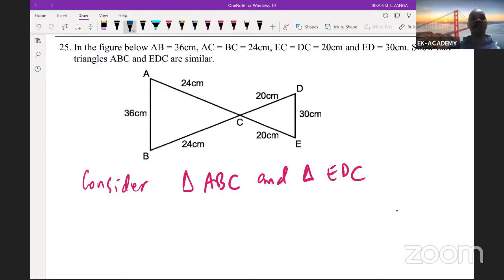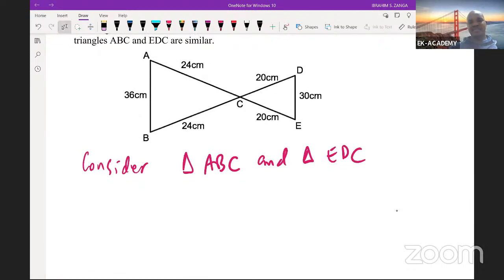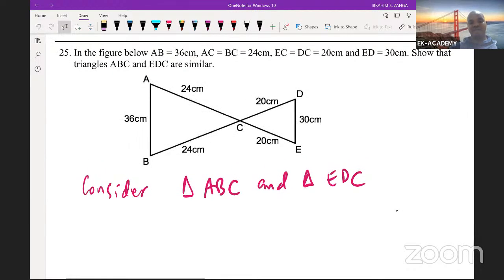So in these two triangles, we have seen that this side equals this side, and this side equals this side.